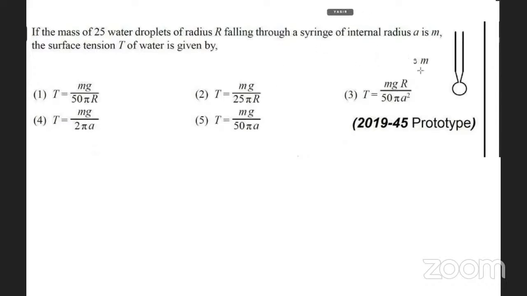Mass of 25 water droplets is M. Then what is the mass of one water droplet? It is M over 25.